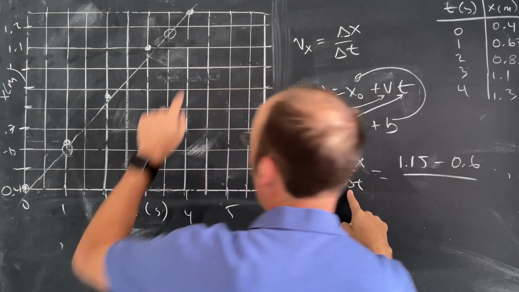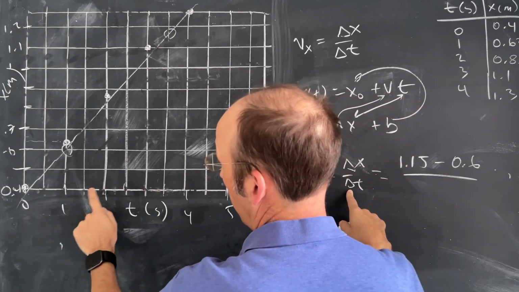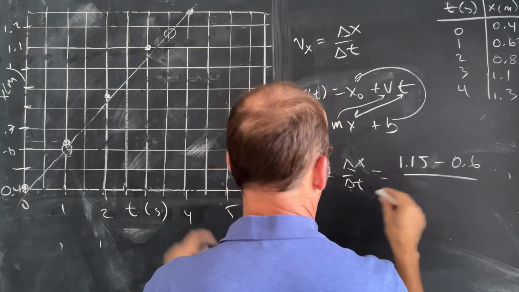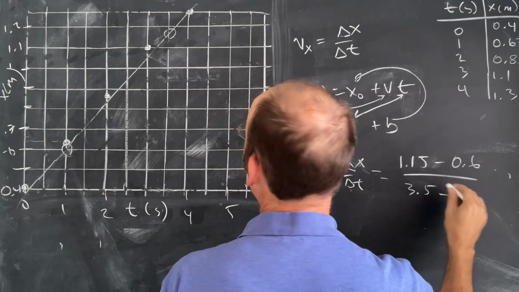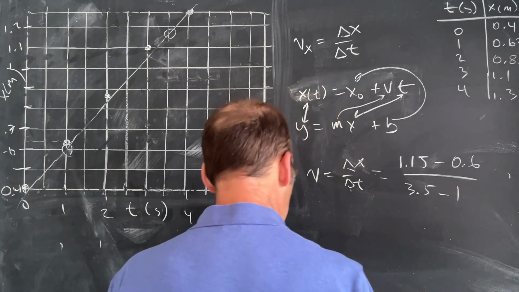Now I'm going to divide by the change in time, which is 3.5 minus 1. So that will be my velocity.